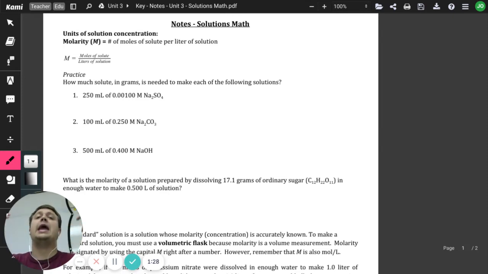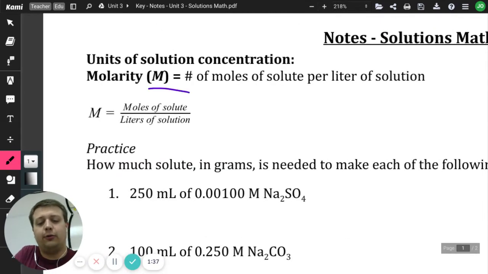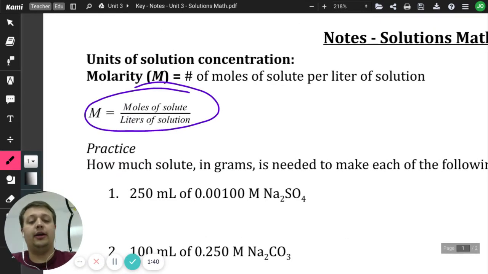It is going to be everything with the moles of solute per the entire solution. Okay. Now, here is our formula. Molarity is moles of solute divided by liters of solution. Okay. And we can manipulate this equation if we're solving for one of the other variables, but this is the solution we have for molarity.